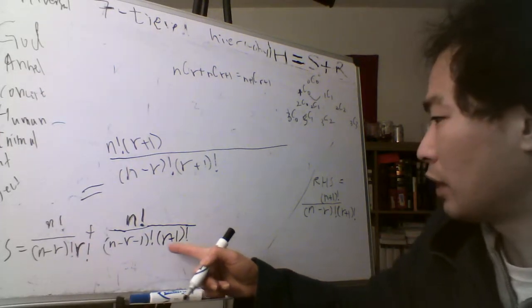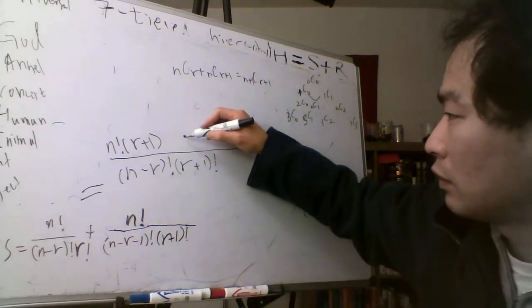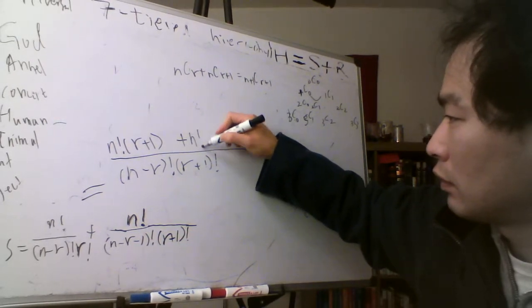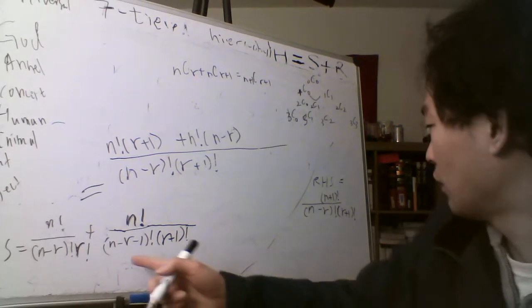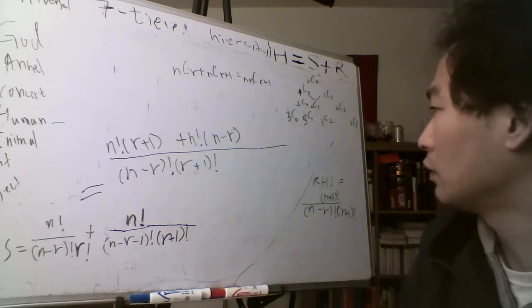Here we multiply by n minus r, okay? N minus r. Okay, then you have n minus r factorial, okay?